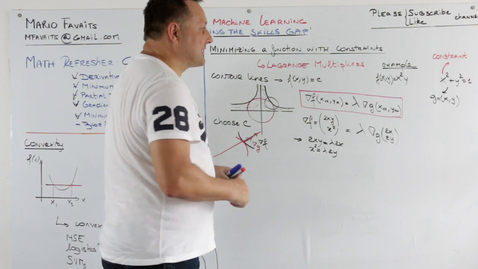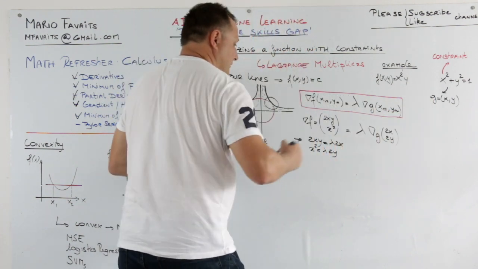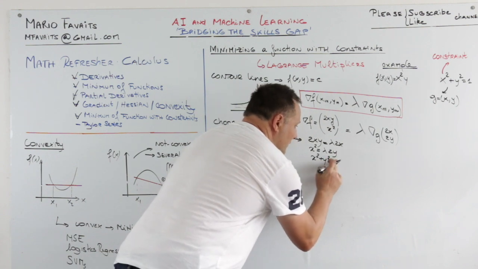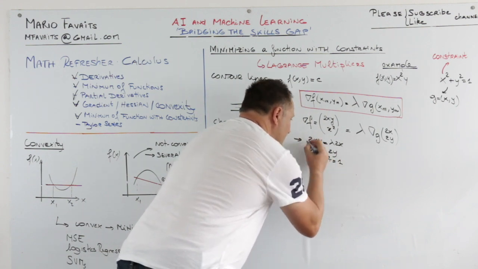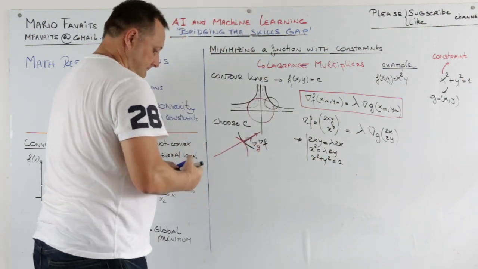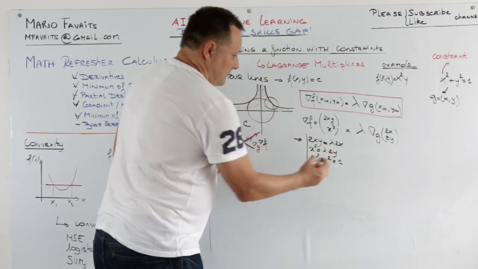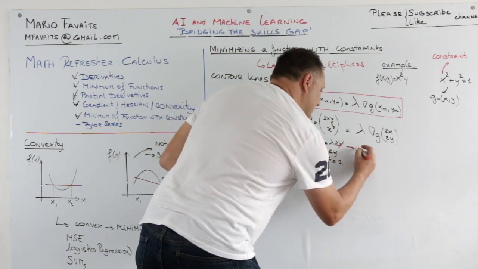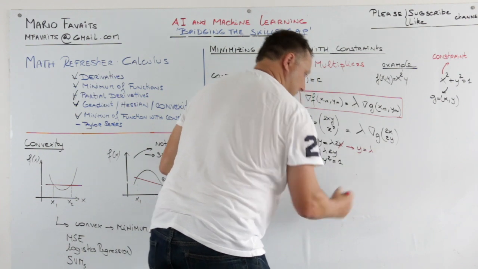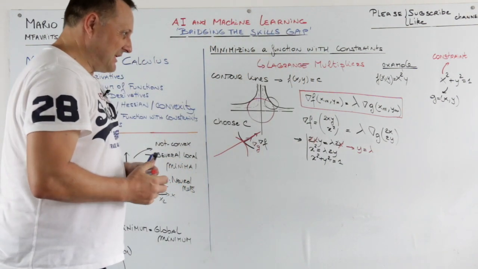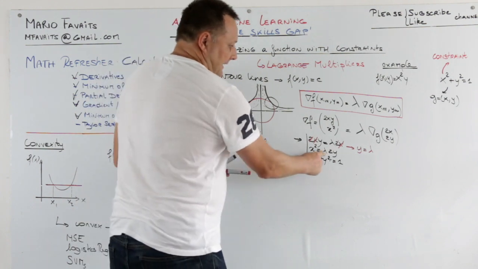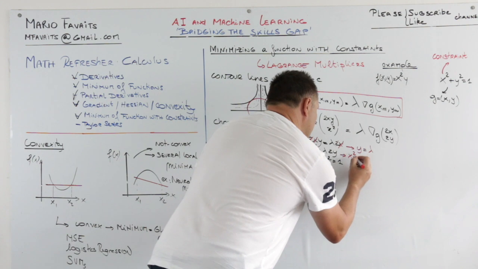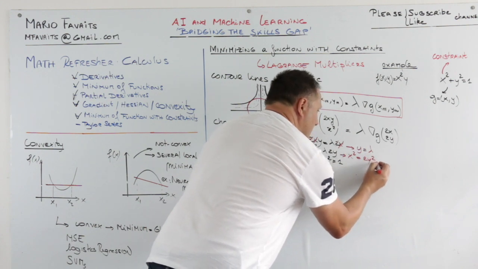So we need to add an equation, and we're going to add the constraint: x squared plus y squared equals 1. And this we can easily solve, because the x goes away together with the 2, so we have immediately that y equals lambda. So I can substitute this line by y, so then we have x squared equals 2y squared.